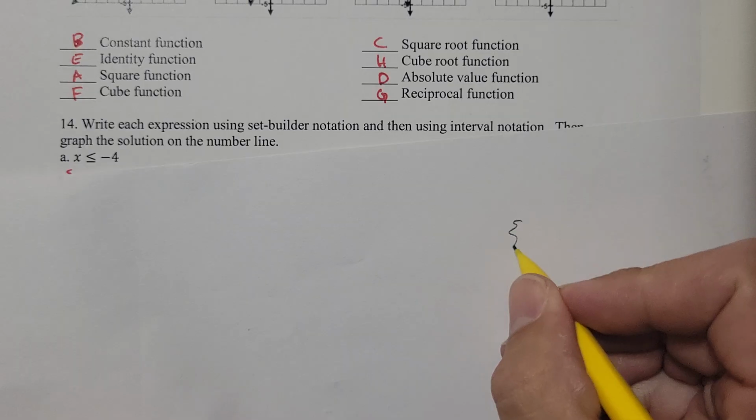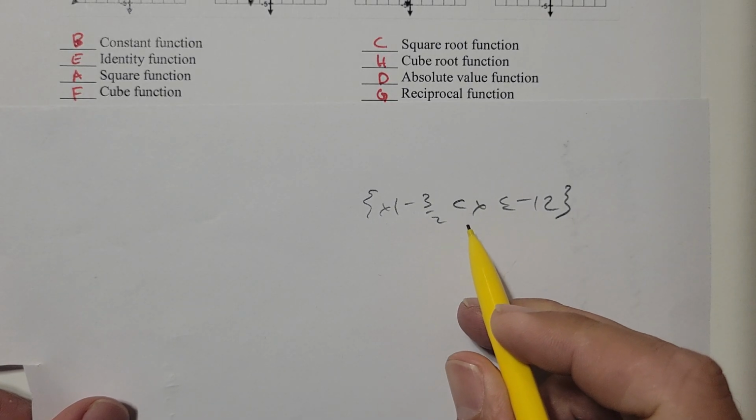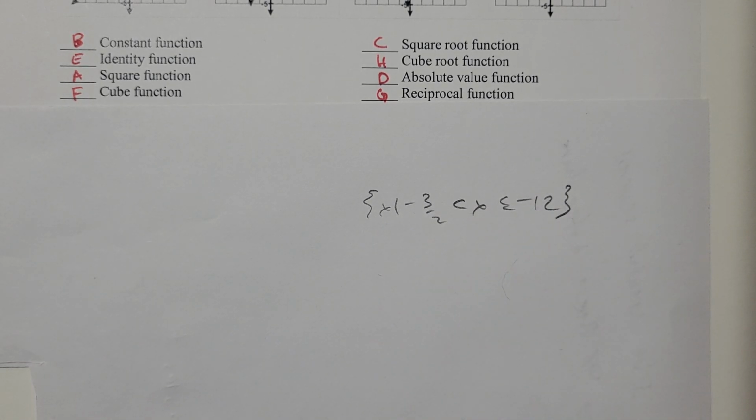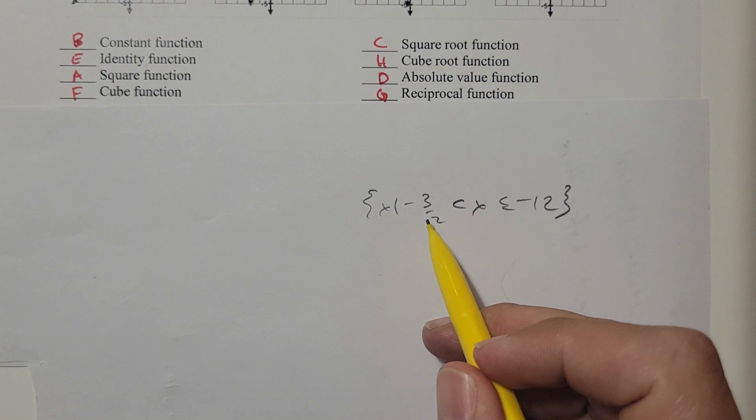What if I were to write the set of all x such that x is greater than negative 3/2 and less than or equal to negative 12? Like what if I wrote it like that? That'd be wrong because negative 12 is not bigger than negative 1.5.